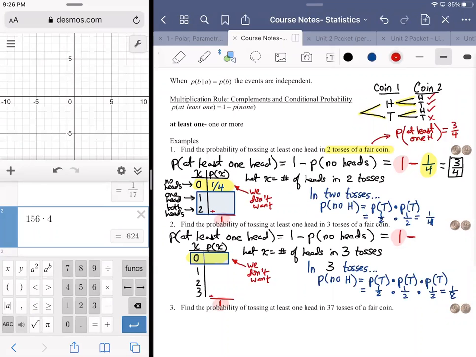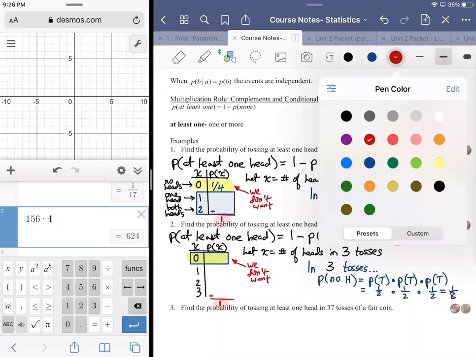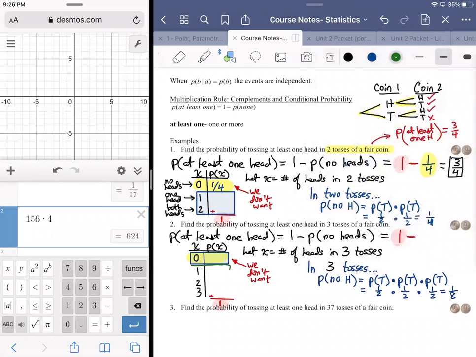So this is what I'll do in green. This is what we want. The collective, the sum total of the probabilities for getting one head, two heads, or three heads.